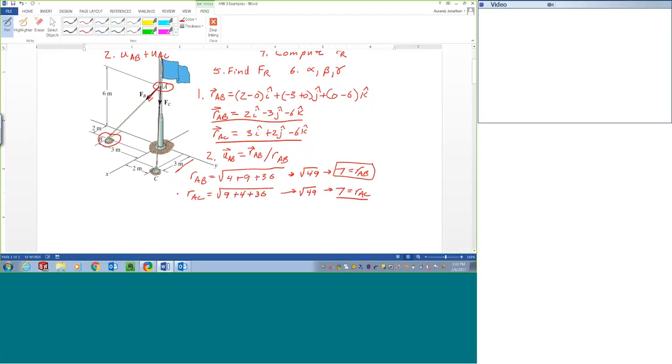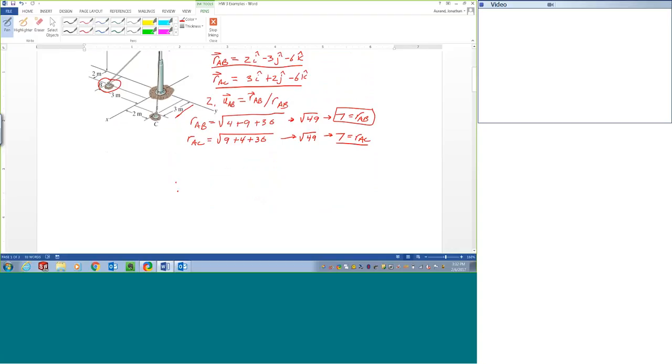So then let me scroll down a little bit here. UAB is going to equal RAB divided by that, so here's our 2 over 7 i minus 3 over 7 j minus 6 over 7 k. That's UAB.